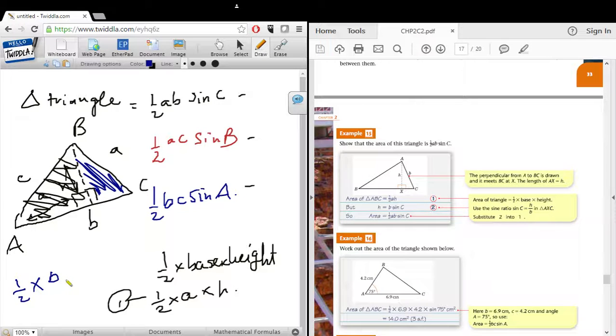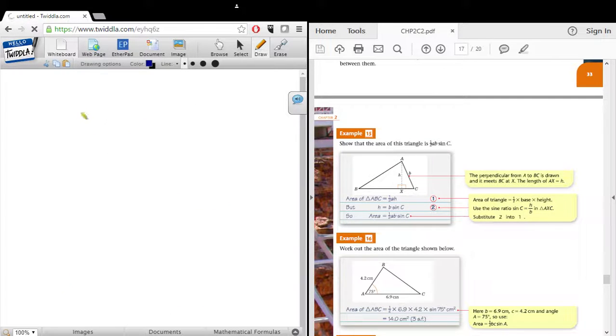Let me just clear this page. The area of a triangle is half times base times height. So we figured out how we got the first one.